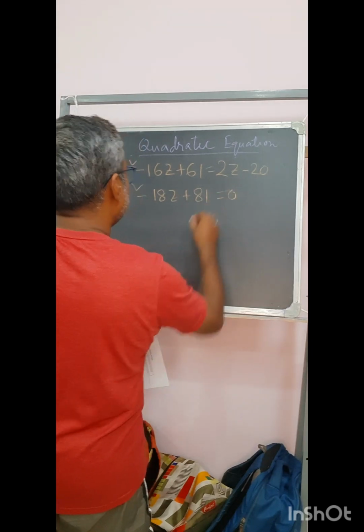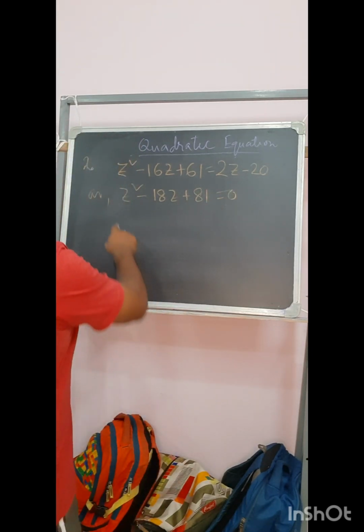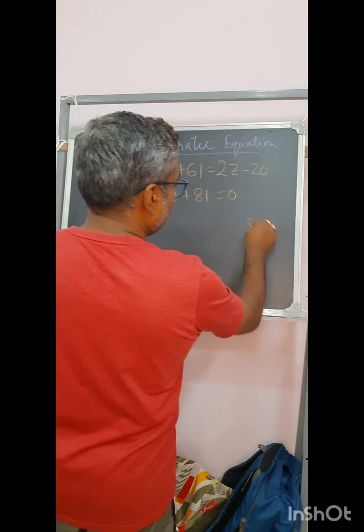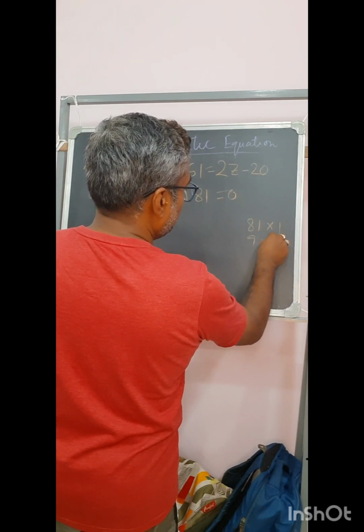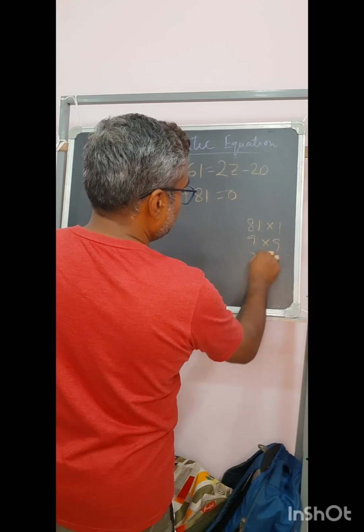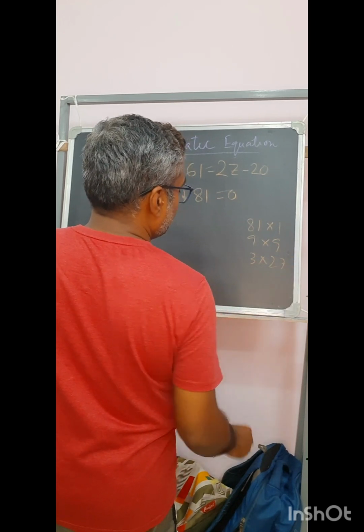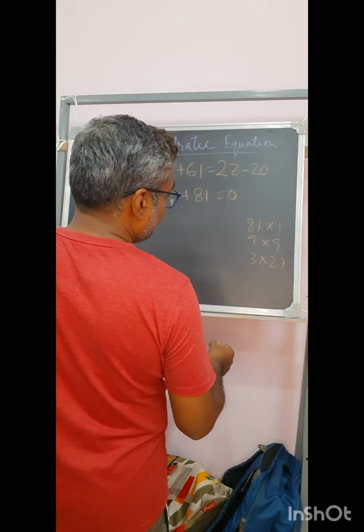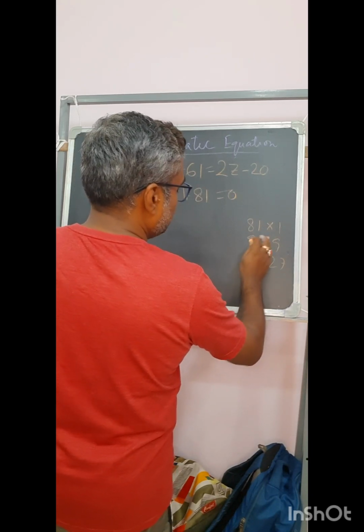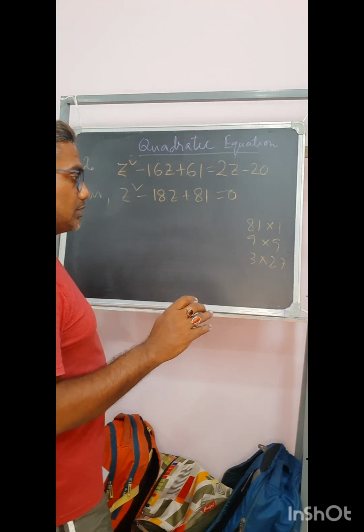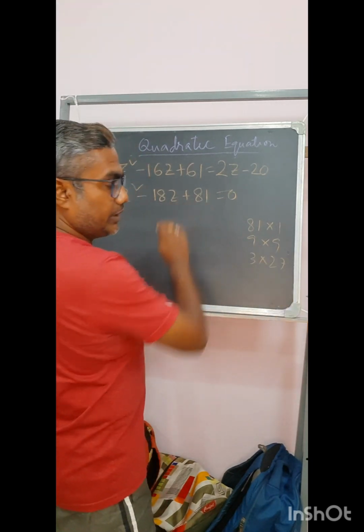Now the same thing you have to try here. What is that? 1 into 81, so 81 can be factorized into 81 into 1, 9 into 9, and anything else, 3 into 27, anything else? Yes, because that has to be divided into two factors multiplying to give you 81.